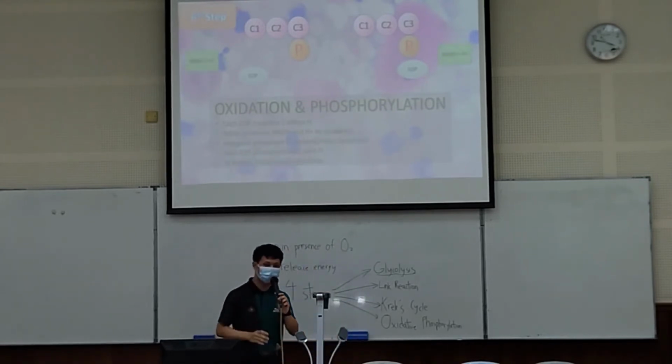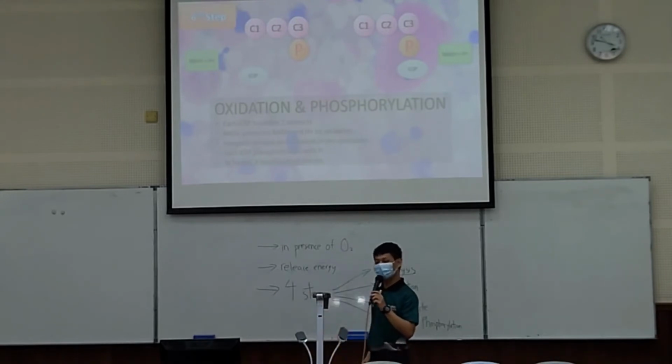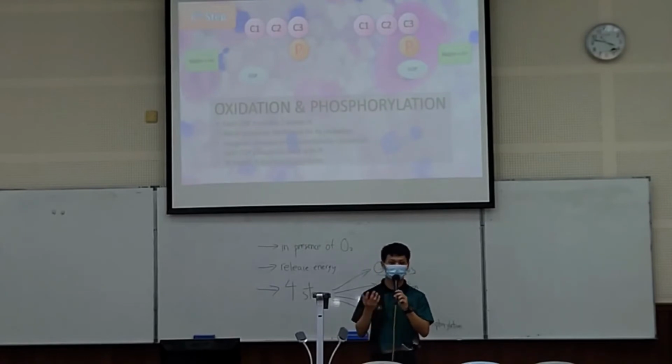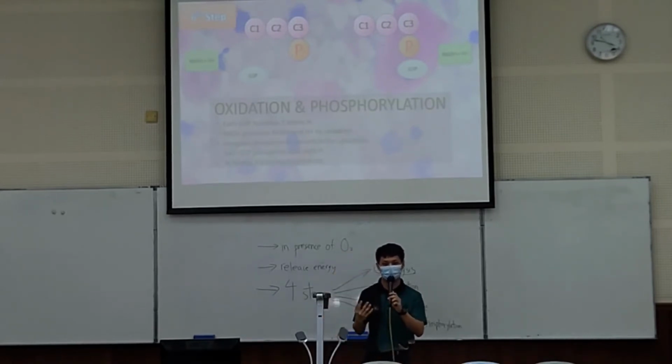Alright, so let's continue to our second stage of the 6th step, phosphorylation. During phosphorylation, remember what happened? It is going to bind to another phosphate atom, just like how my partner in crime explained just now.